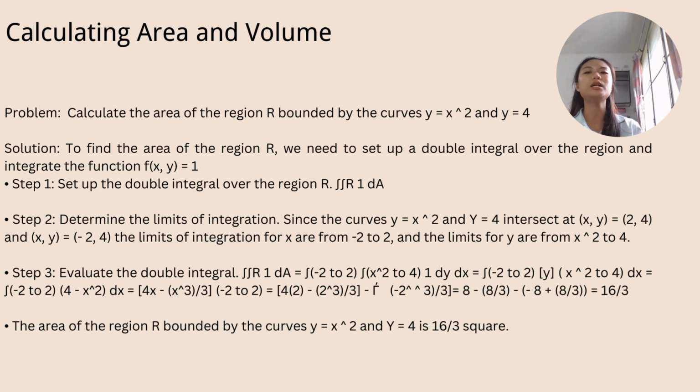The limits of x are from negative 2 to 2 and the limits of y are from x² to 4. Step 3, we evaluate the double integral. So the area of region R bounded by the curves y = x² and y = 4 is 32/3 square units.